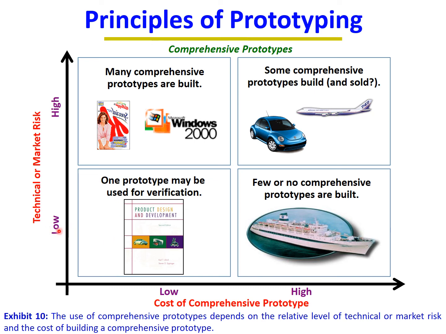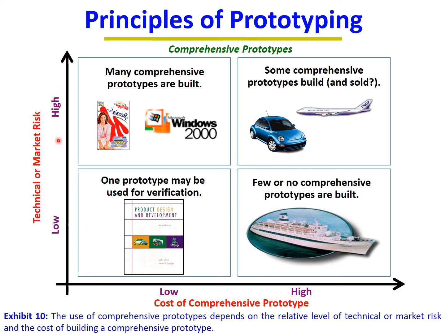But if risk is low, we can go for high cost. So you see, few or no comprehensive prototypes. See, here we are saying that this is car, computer, right? And these type of things, projectors, but we are building a ship. So even if the risk is low, making a prototype is a huge cost. So maybe we don't build any comprehensive prototype, or we build very few, right?